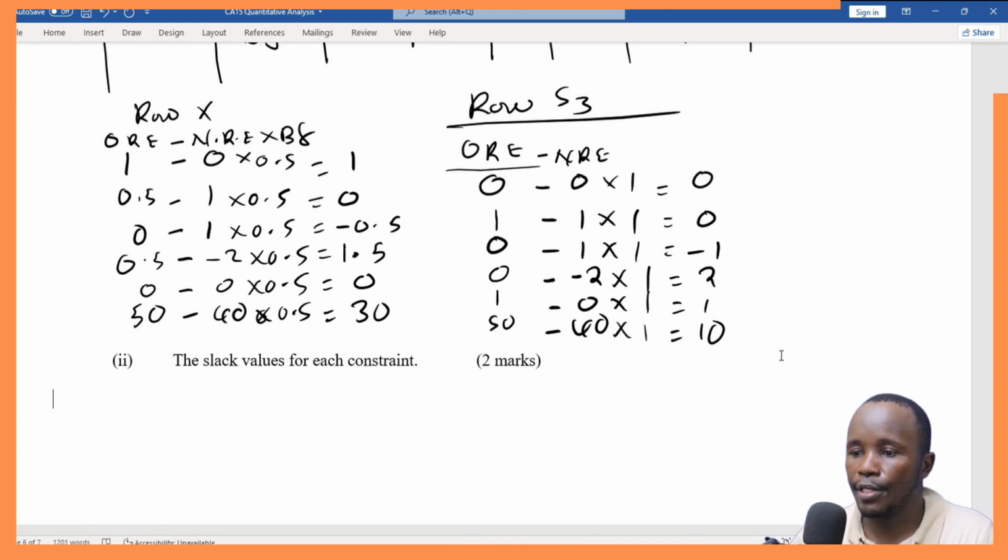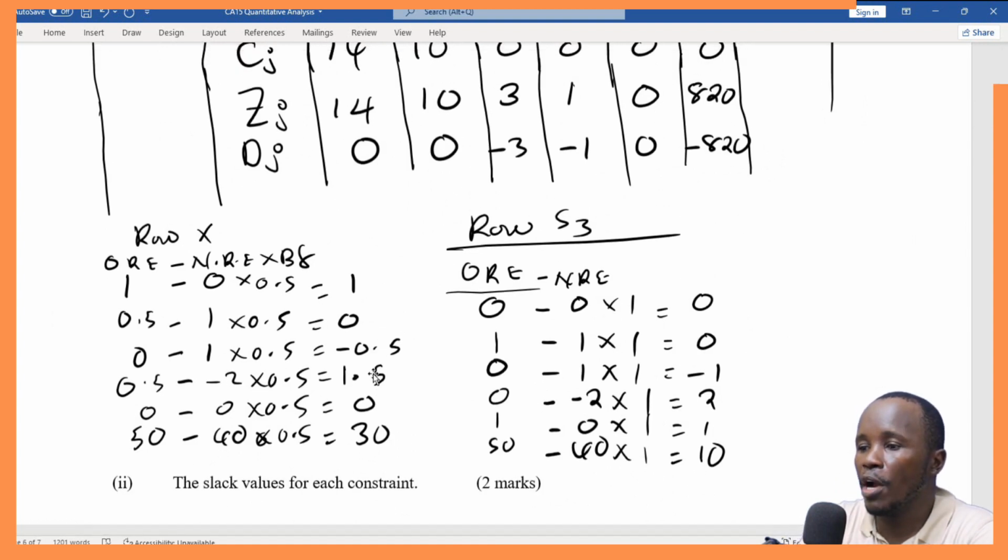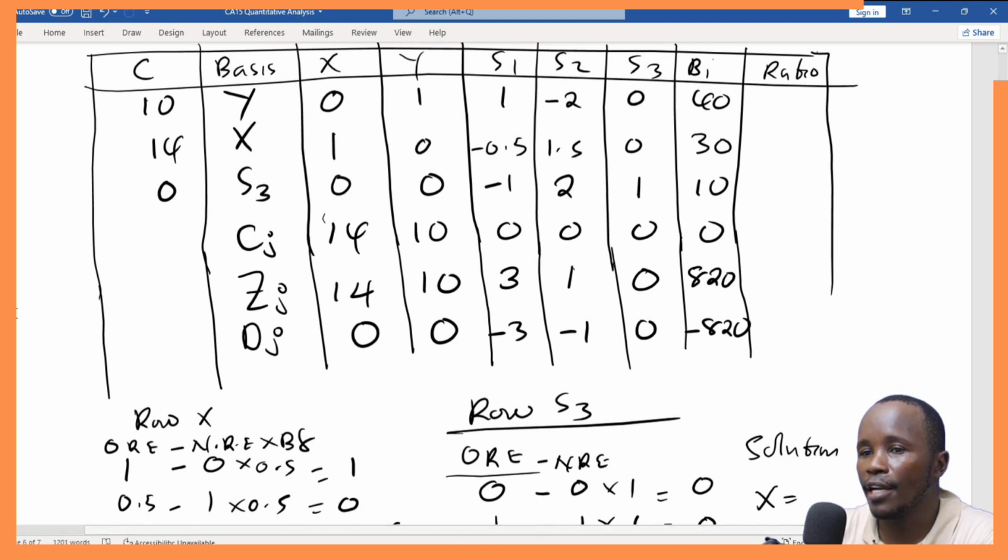Okay, let me work it outside here. If you want to find the solution for x, you just need to come to the table and see here.